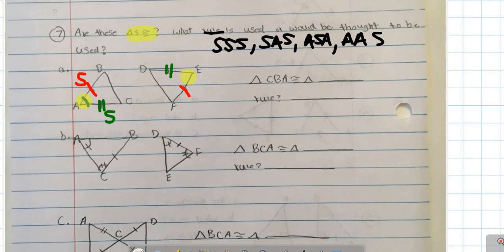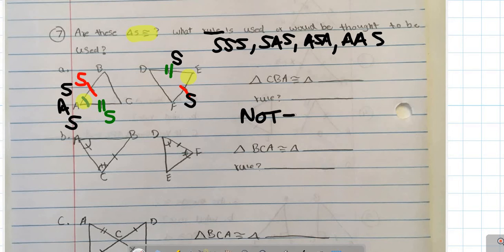So on the left, we have side, angle, side, but on the right, we only have side, side. There doesn't seem to be an angle squeezed between. Okay, unless that's a mistake. If there was an angle here, that would be side, angle, side, and that would be the rule. But if there isn't an angle there, we would say not congruent.